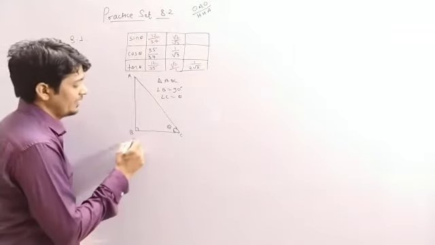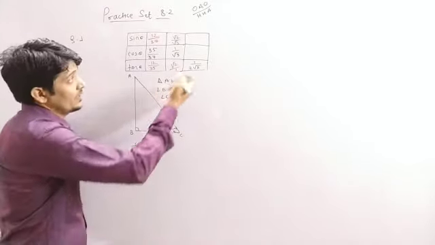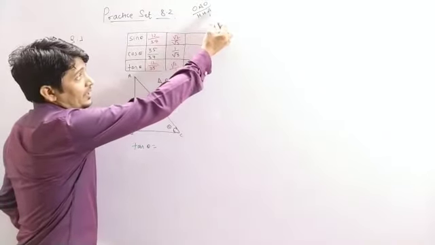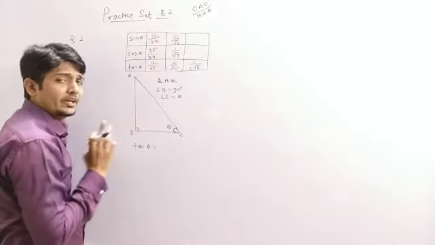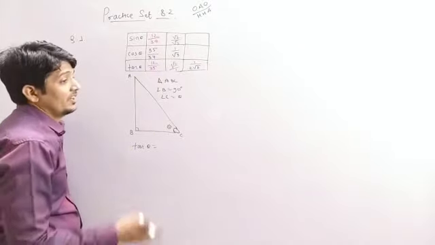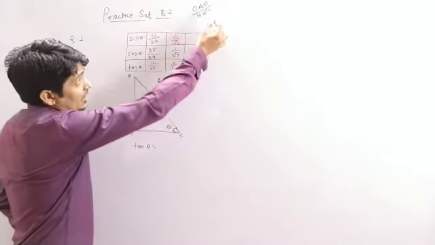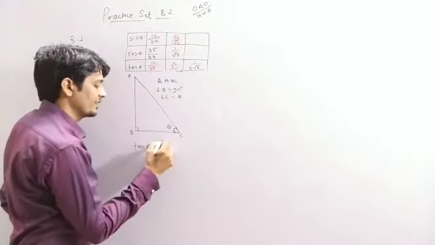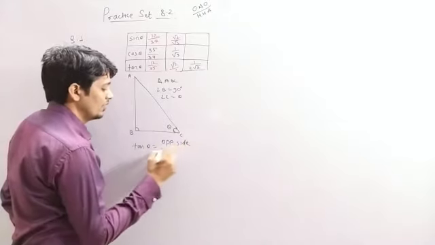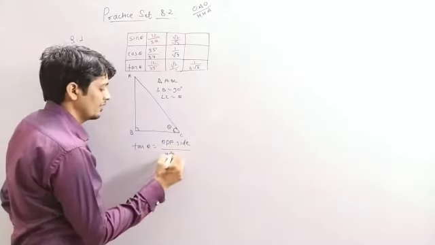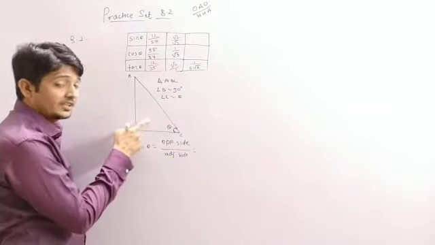We know tan theta equals to, what is tan theta? Opposite side divided by adjacent side. This formula you have to remember. It is very important to understand all the ratios without confusion. So tan theta is opposite side divided by adjacent side. What is the opposite side here?